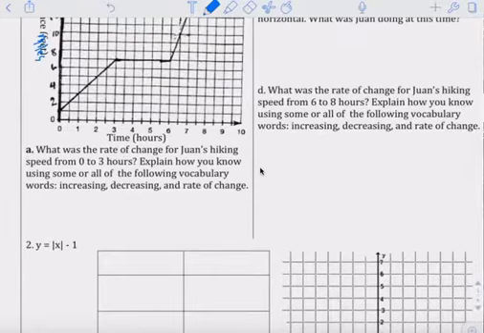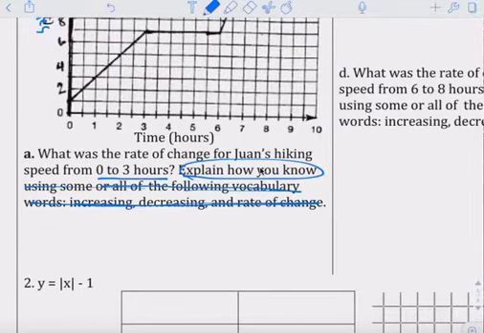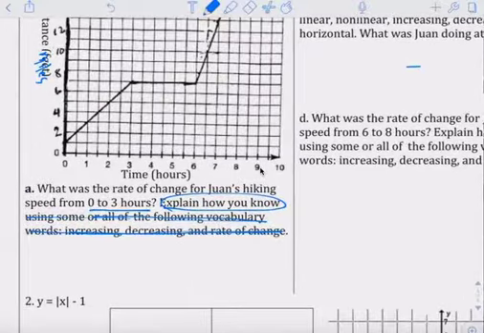What was the rate of change for Juan's hiking speed from 0 to 5 hours? Explain how you know. Okay, 0 to 3 hours.